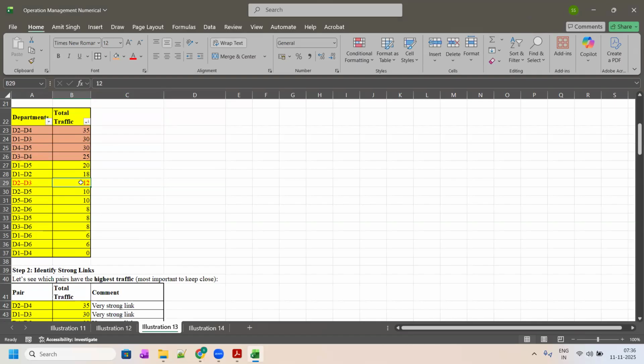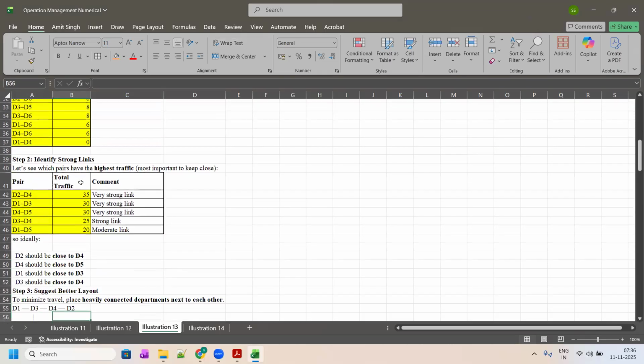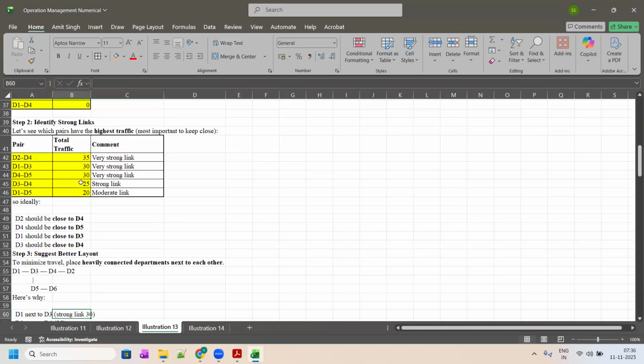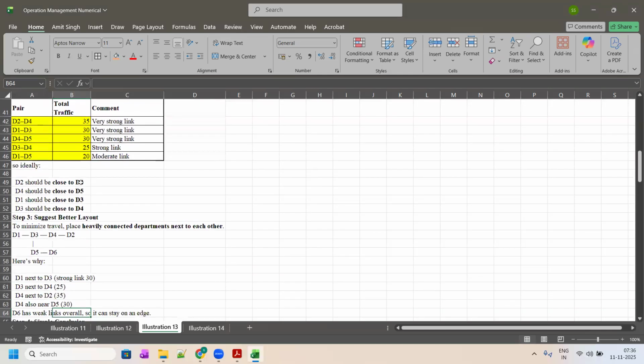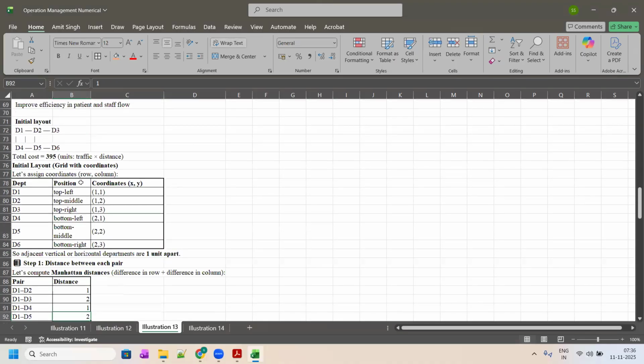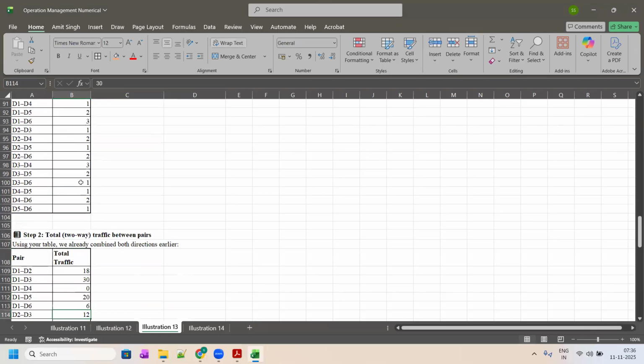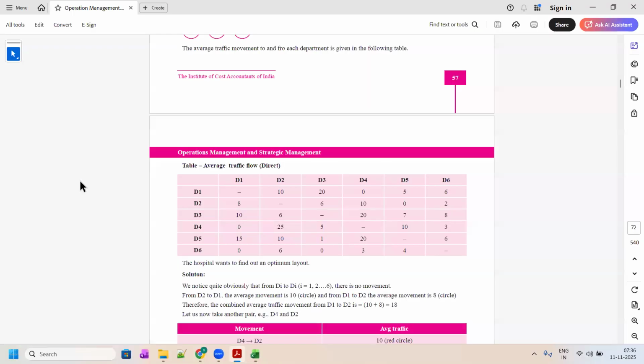If we bring them closer, somehow we can reduce the cost because the traffic data is very high. Then we can think about what possibilities we can create where the cost can be minimal. So you can figure out different possibilities.